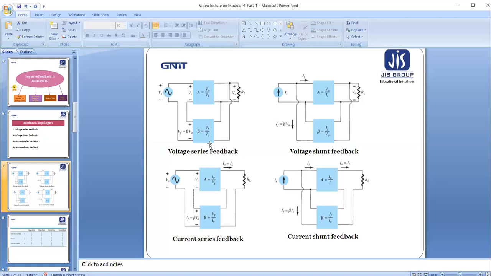So in voltage series, the output signal is voltage and the input signal is also voltage due to this series term. Our main signal is a voltage signal Vs, which is connected to the amplifier, and the amplifier produces an output V0, which is connected to the feedback circuit via the shunt position, because the same voltage must be delivered to the feedback circuit.